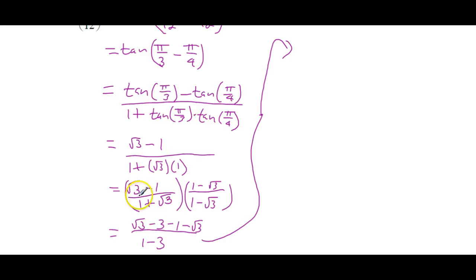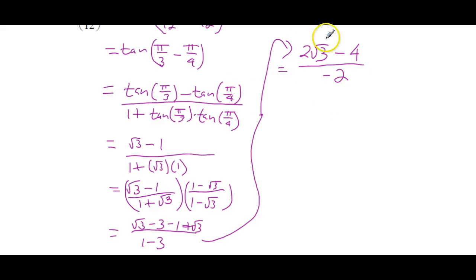Root 3 minus 1, 1 minus root 3, root 3 minus 3 minus 1 plus, that's a plus, plus root 3. Okay, root 3 plus 3. So we've got 2 root 3 minus 4 over negative 2. Let's put an equal sign here because it's still equal to that.